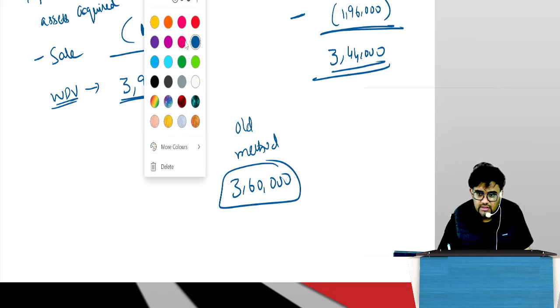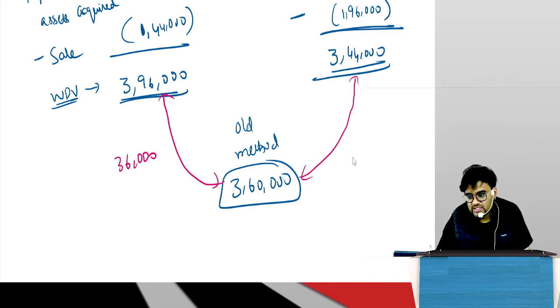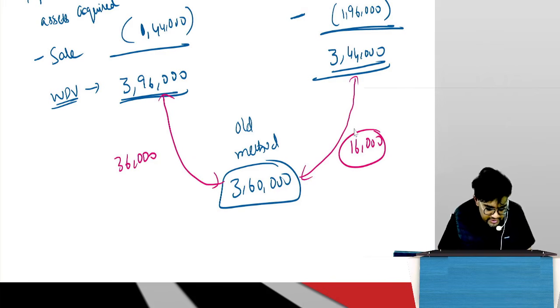Basically, the difference is 36,000, which is obviously the loss. This difference is 16,000, which is obviously the profit. Correct? 36,000 is the loss, 16,000 is the profit.